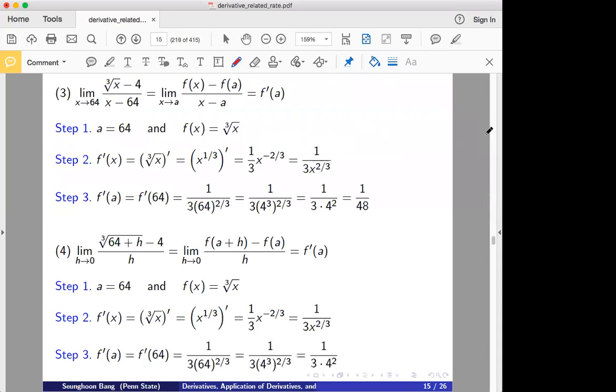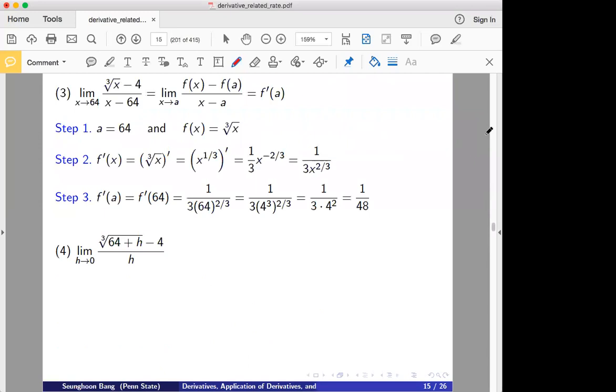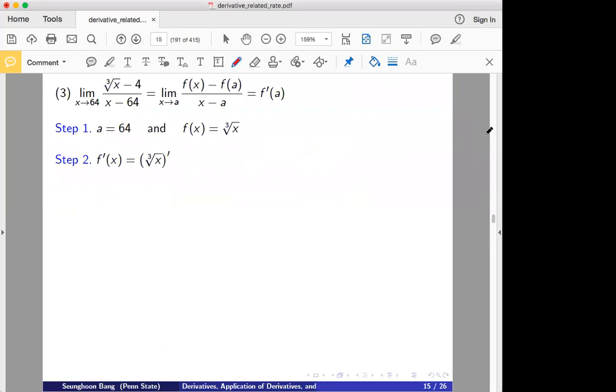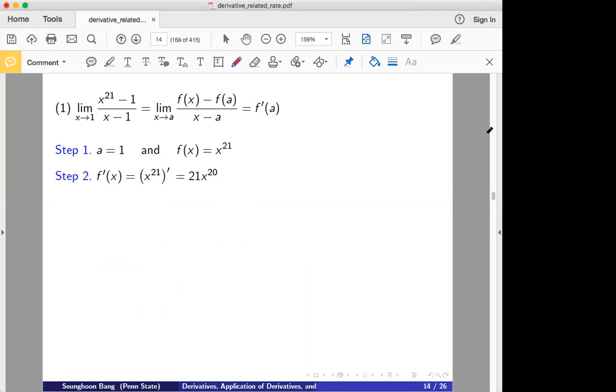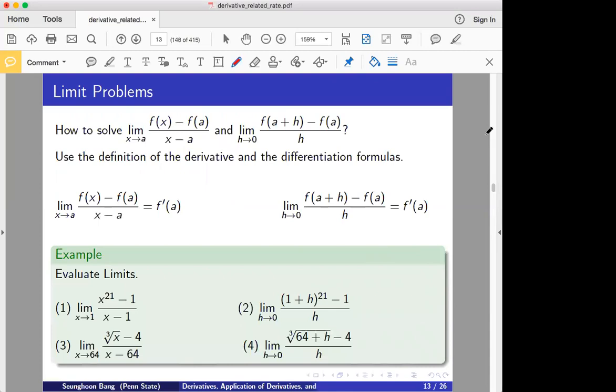One more question. Did you learn this one yesterday? So what do you think? Did you learn this stuff or not? If you didn't learn this kind of problem, I'll explain to you. If you learned this stuff yesterday, I won't explain more. So do you know how to find this kind of limit problem? Do you know or not? If you don't know, I'll explain right now.